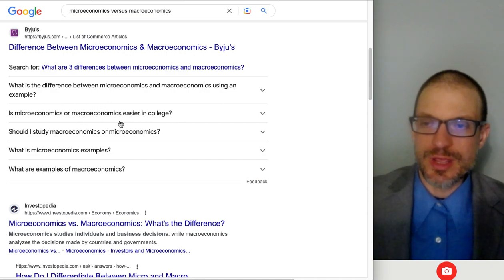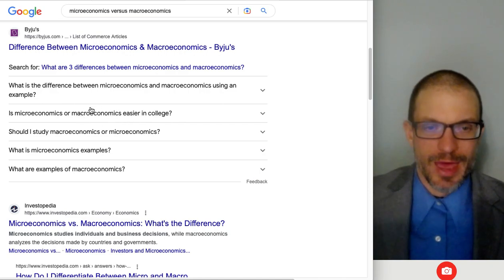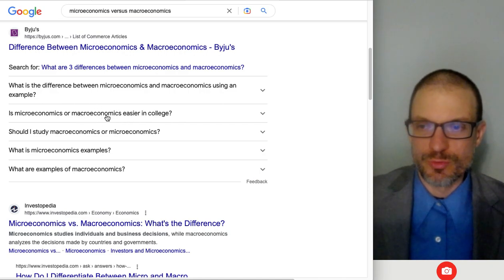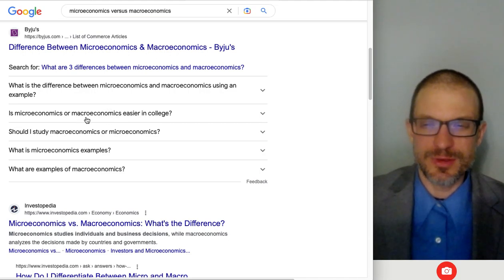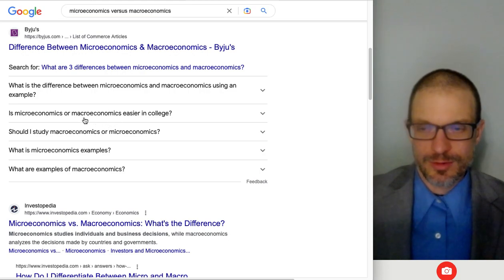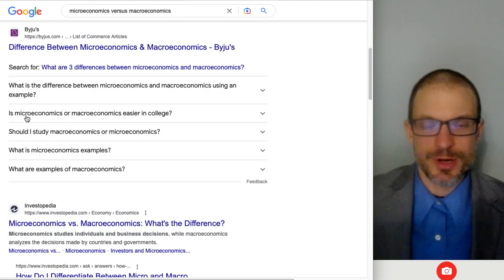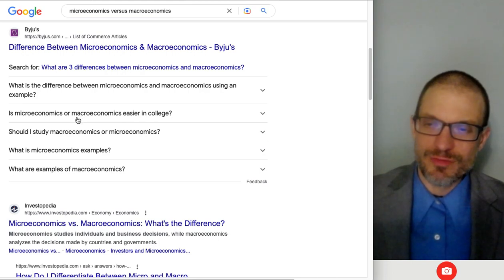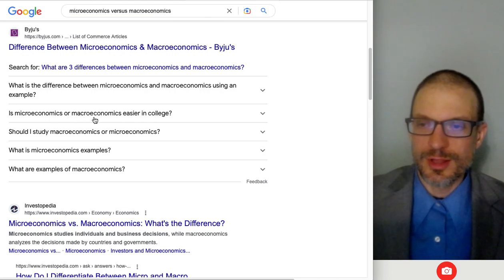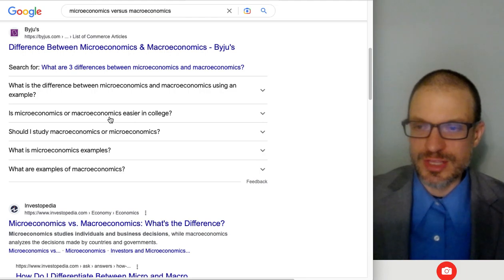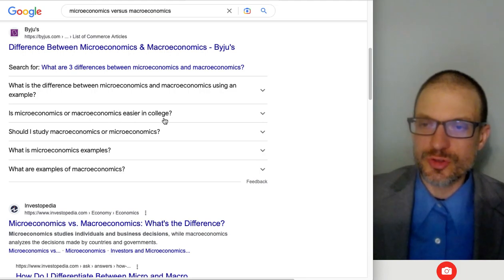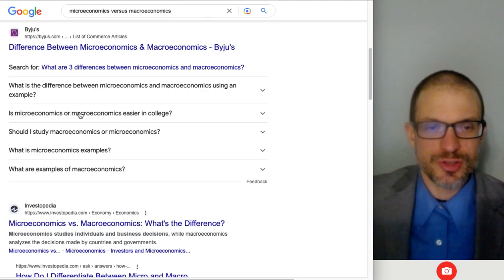However, we get a lot more information about macroeconomics just from going about the real world, because when people talk about the economy or inflation or unemployment, that's typically done through a macroeconomics perspective. So you pick up a lot more macroeconomics from the world around us, although you pick up more microeconomics from your own experience. And then depending on whichever one your mind is more in tune to, kind of depends on whichever is easier.